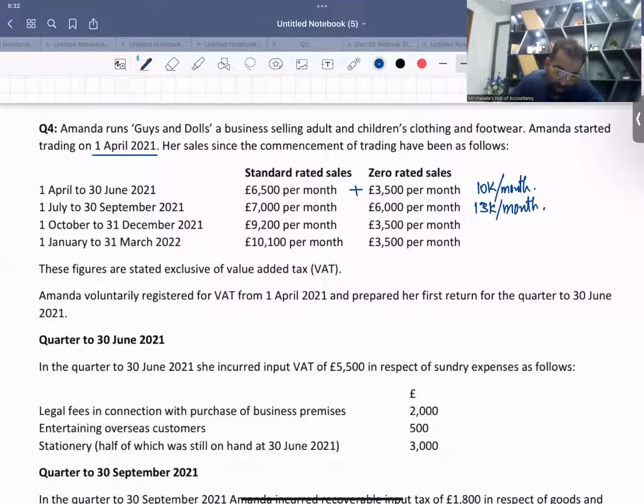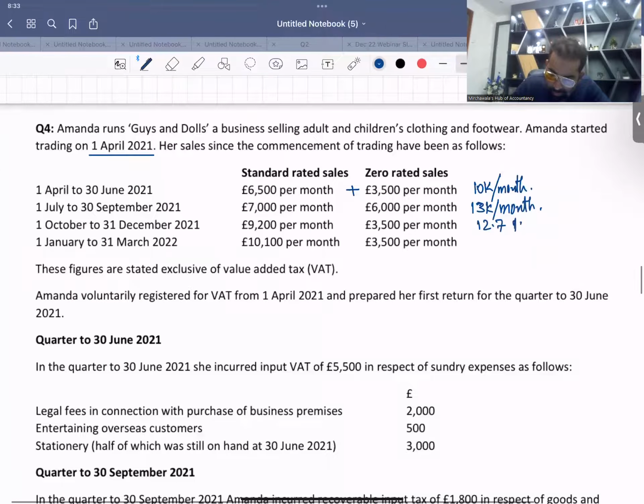Then you have 1st October to 31st, 9,200 and 3,500. So 9 and 3, 12,700, 12.7K per month. Don't forget this. Now, these figures are stated exclusive of value added tax. Important line, exclusive.